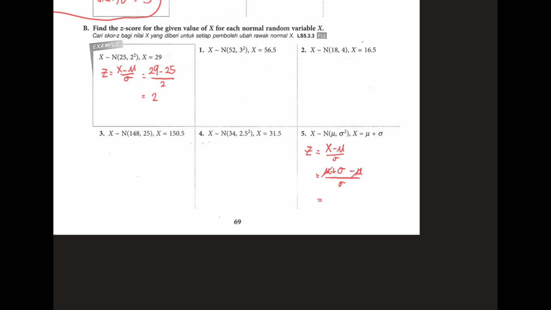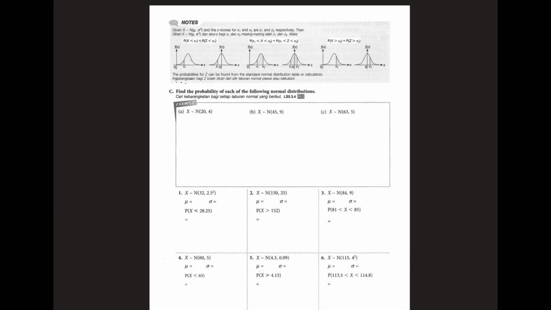So mu minus mu is gone already, and sigma over sigma is just 1. So sometimes the z-score looks like this: it starts from something unknown but ends up with a value. So we get the z-score. Remember, we change to the z-score so that we can find probability easily. That is the purpose why we change to z-score. Okay, let's move on.